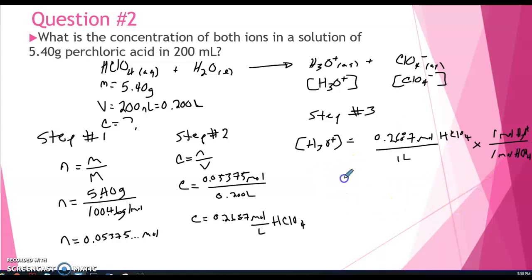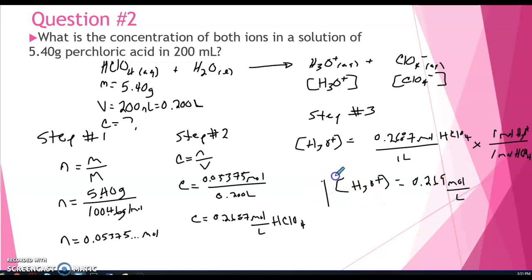And we get then our concentration of H3O plus, which is going to be 0.2687. I'm just going to round that up to 0.269 moles per liter.